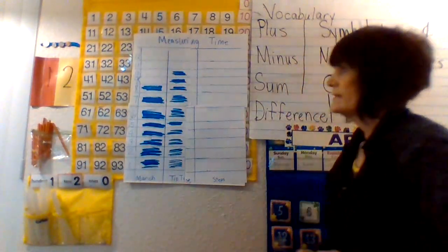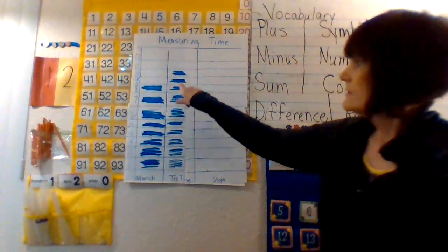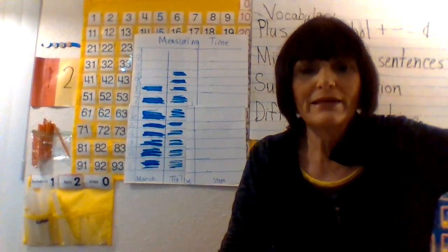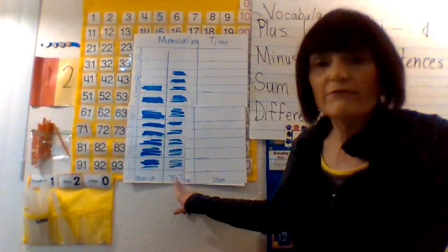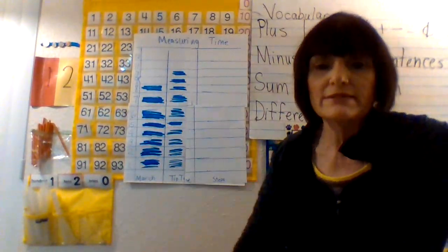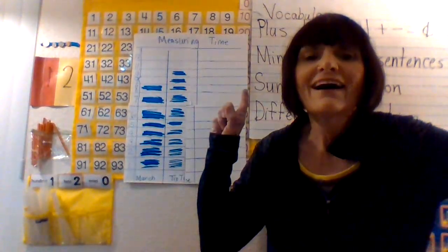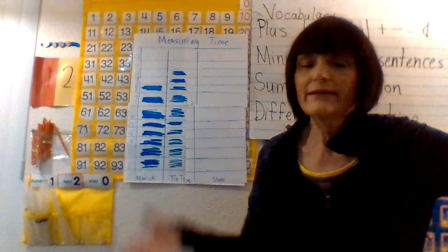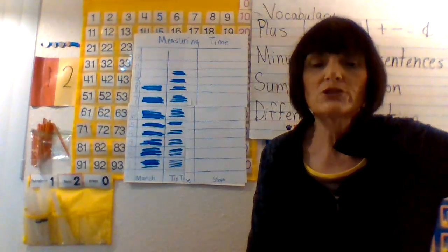I did 10 tiptoes. Oh my goodness, look at that, 2 more than marching. Why would that be, that I can tiptoe more in 5 seconds than march in 5 seconds? Yes, I don't have to raise my foot up so high, my leg up so high when I'm just tiptoeing. And they're just little teensy tiptoes.